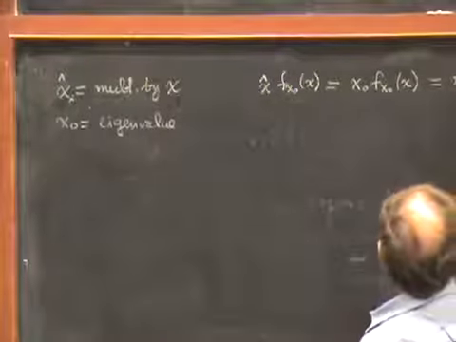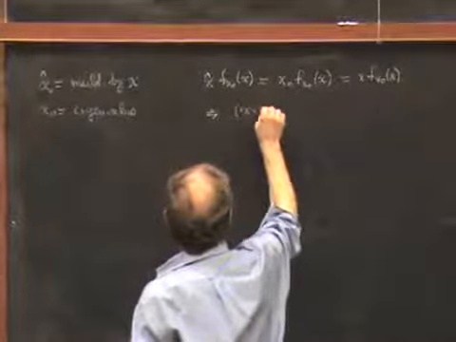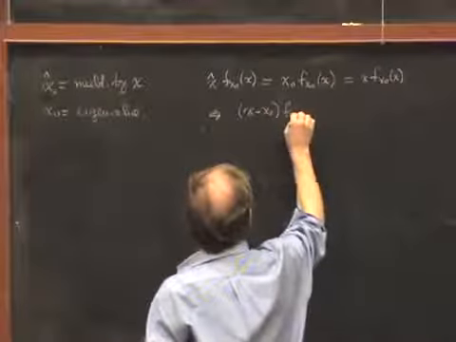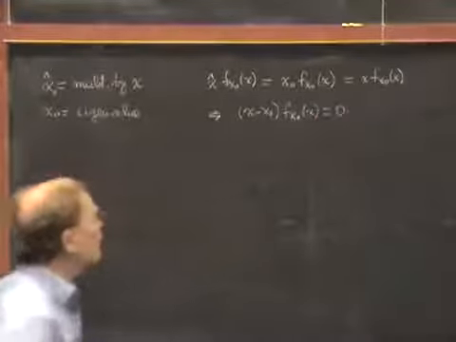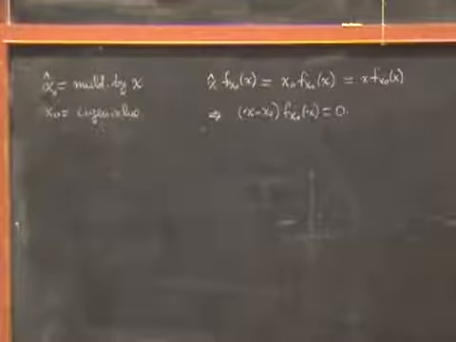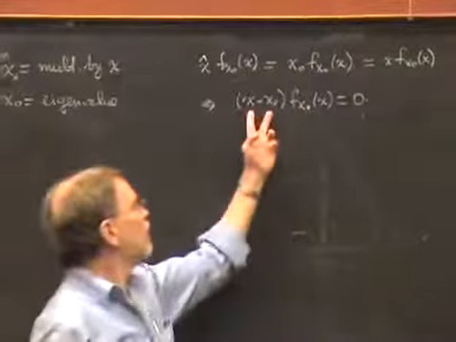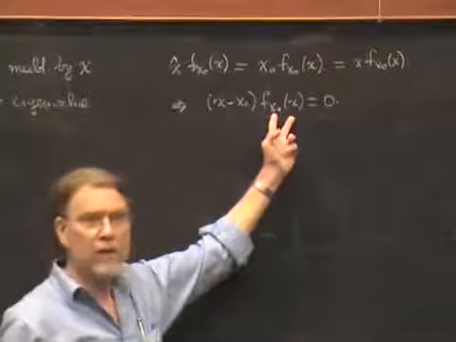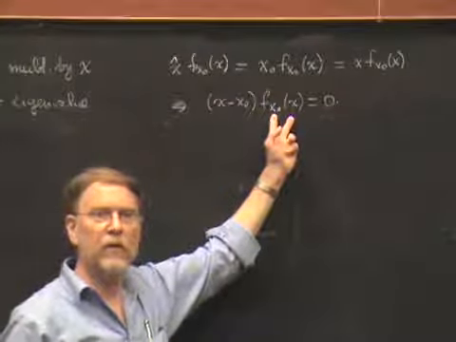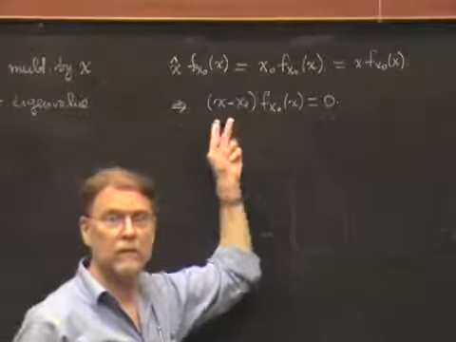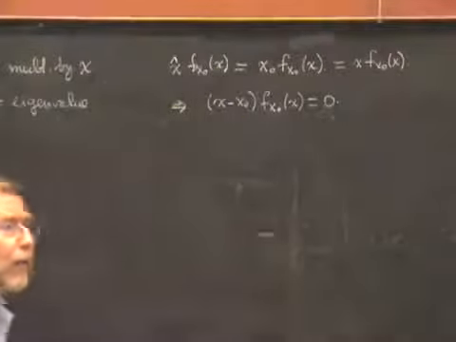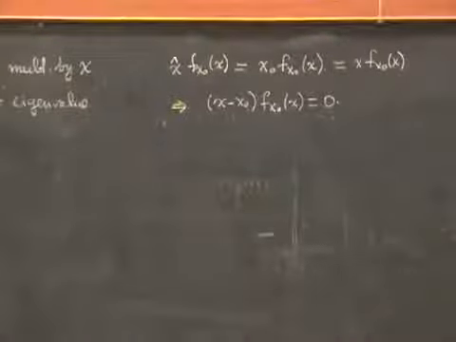If you put these together, this implies that (x minus x0) times f_x0 of x is equal to 0, which implies that either x equals x0 or else f_x0 of x is equal to 0. This function must vanish everywhere except at x equals x0. It can only be non-zero at one point, is what this is saying.